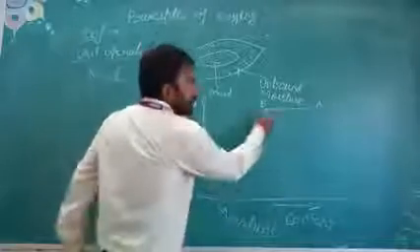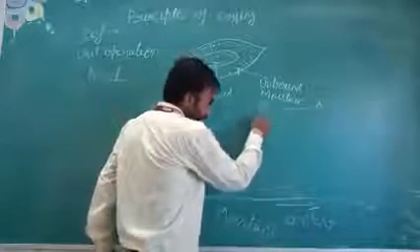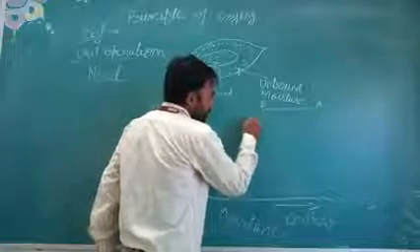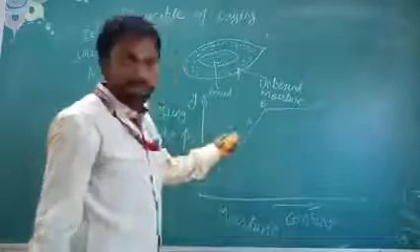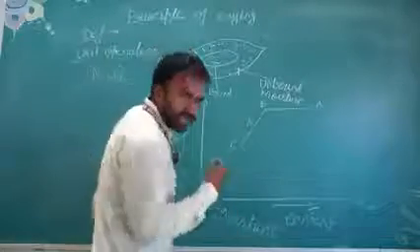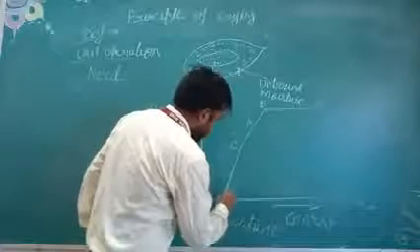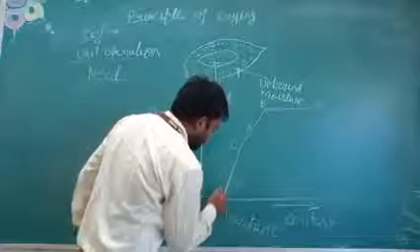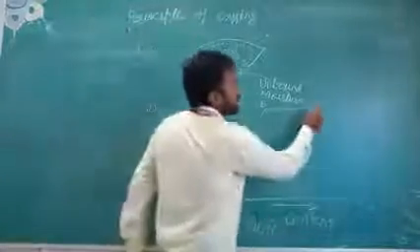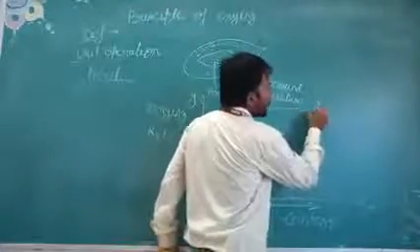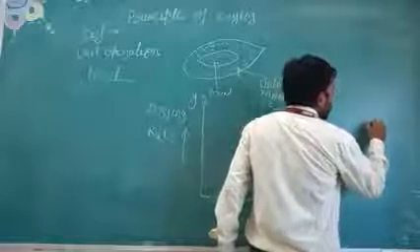Then it follows the first falling rate period, that is called F1, and it is C, and then it follows the second falling rate period, that is called F2. We are talking about perishable food.